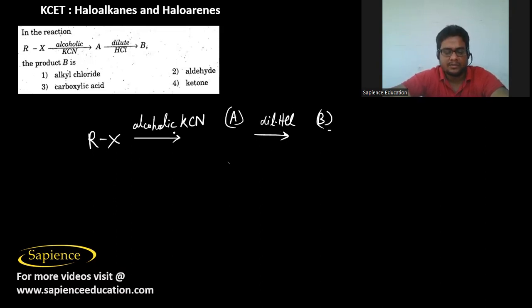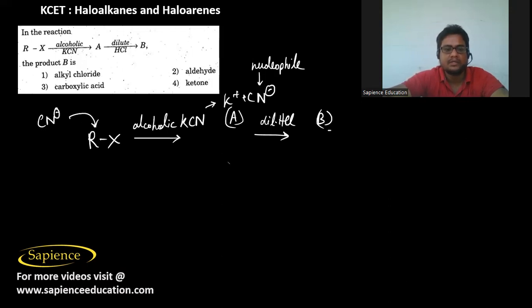Now alcoholic KCN will dissociate into K plus ions and cyanide ions, CN minus ions. This CN minus ion is acting as a nucleophile. So here also there will be a nucleophilic substitution reaction.